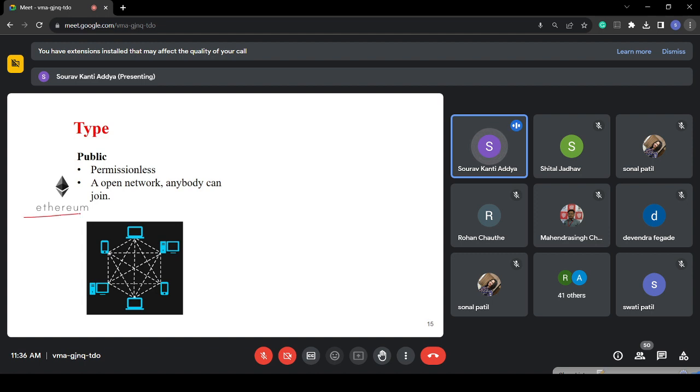Ethereum is one of the tools with which you can implement a public or permissionless blockchain. You can see in this diagram the nodes are directly connected to other nodes or peers. There is nothing restricting it; anybody can join and anybody can leave the network.